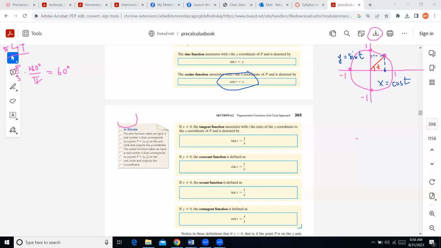Because actually that's pretty much all one needs to remember for trigonometry, what cosine is and what its friend sine is. So those are just the x and y coordinates of a point on the unit circle.